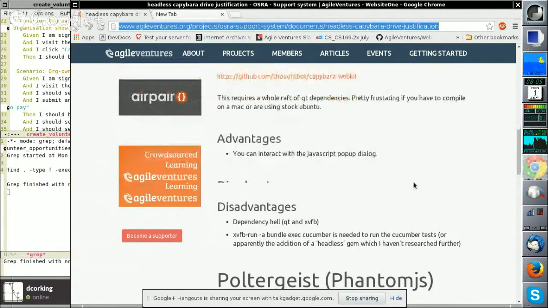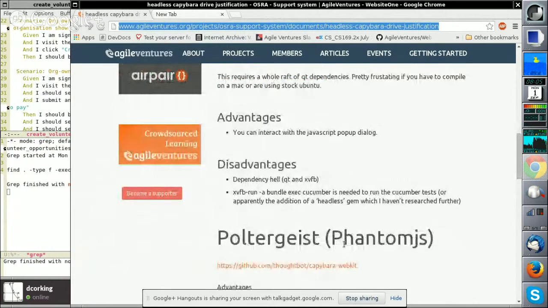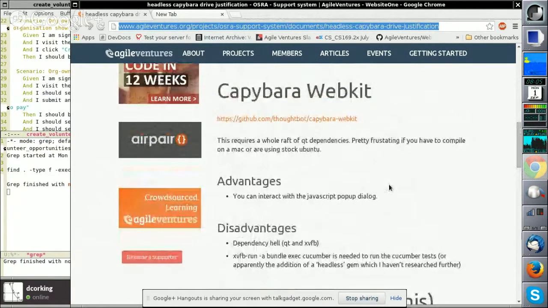And as far as I understand, website 1 goes the other way and uses Phantom.js. I may be wrong about that. Yeah, I think that in their gem file, they've got everything. So I think they started with Capybara WebKit, then they've settled on Phantom. I think because of the annotations, you can actually have more than one.